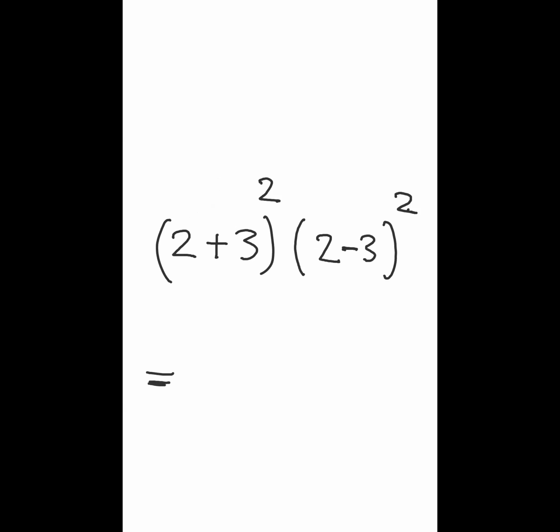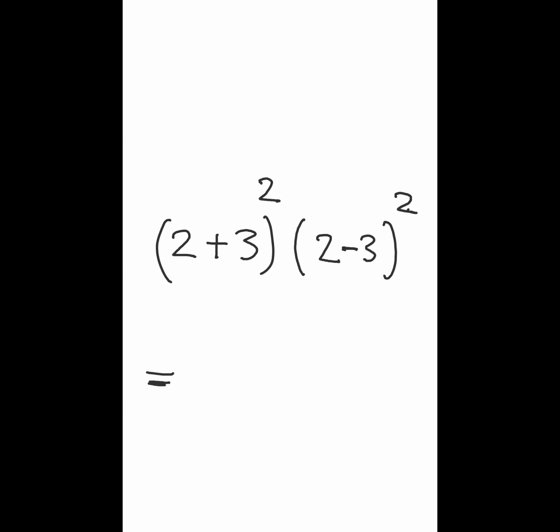if it's 2 at the power of 5 minus 2 at the same power of 5. Okay, but I have to add one term like this. Just one second. If it's 2 plus 3 at the power of 2, multiplied by 2 minus 3 at the power of 2, what will it equal? 2 minus 3 equals -1.